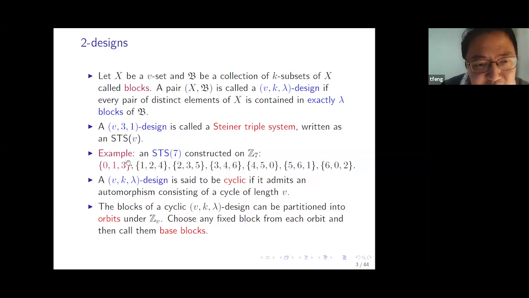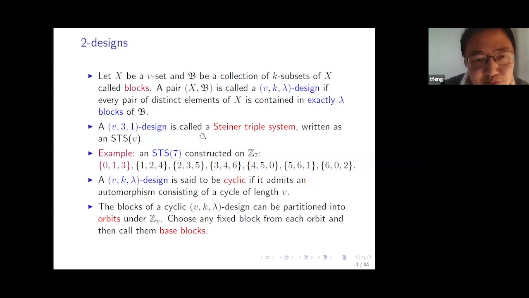For example, we can take the red one, 0, 1, 3, and we call this block a base block. And we know that 0, 1, 3 forms a cyclic difference family. That's why in the definition of cyclic difference family, we call its elements base blocks. But when we talk about designs, we call its elements blocks. That means base blocks can generate blocks.